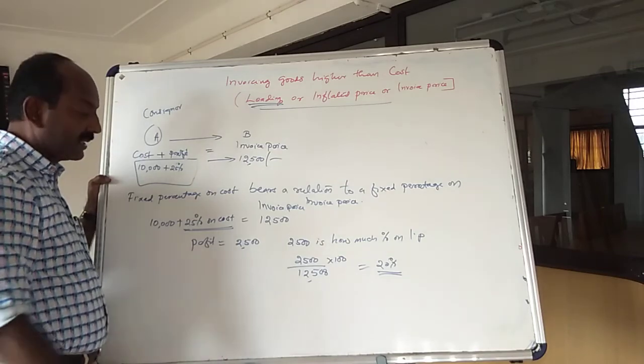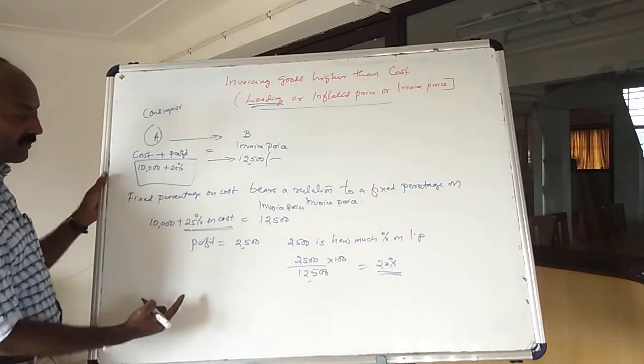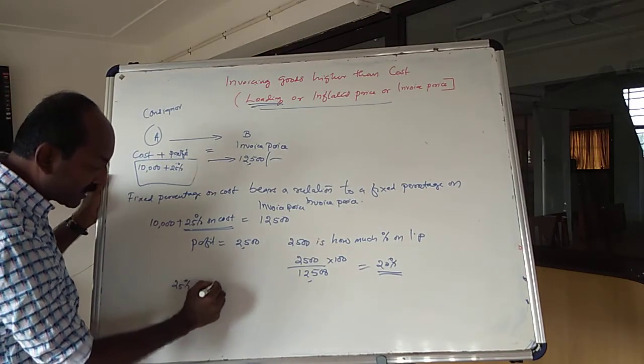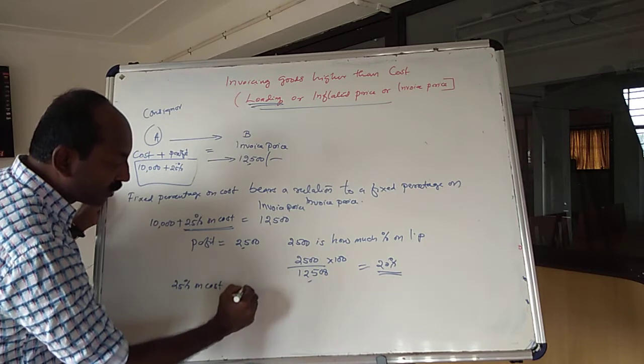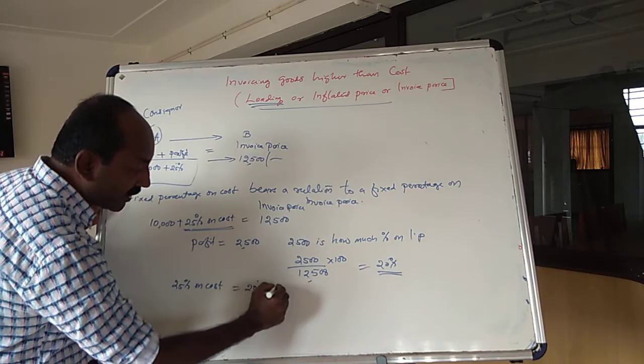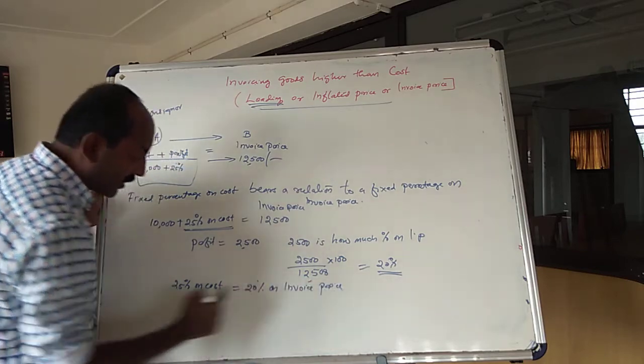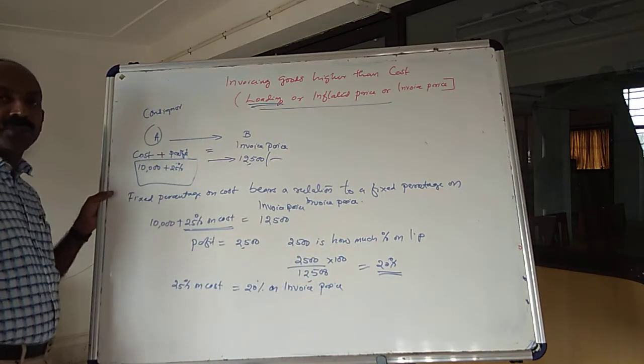That means we can say 25% on cost is equal to 20% on invoice price.